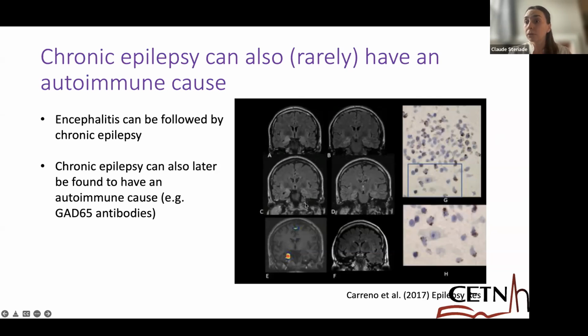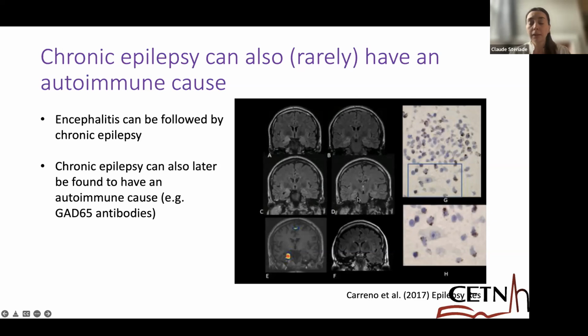This patient was having ongoing drug-resistant seizures many years after the encephalitis, had an ictal SPECT injection as part of a pre-surgical workup, where you can see hyperperfusion in the right mesial temporal lobe, underwent a right temporal lobectomy, and on histopathology had significant inflammatory infiltrates, even though it had been years since the encephalitis. So that's one setting. In that setting, it can be hard to know whether the autoimmune process has stopped and whether the structural injury, the hippocampal sclerosis here, is the primary driver of the epilepsy.